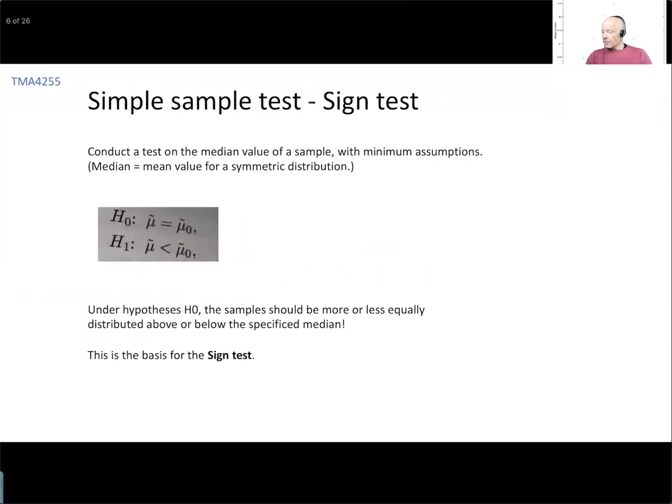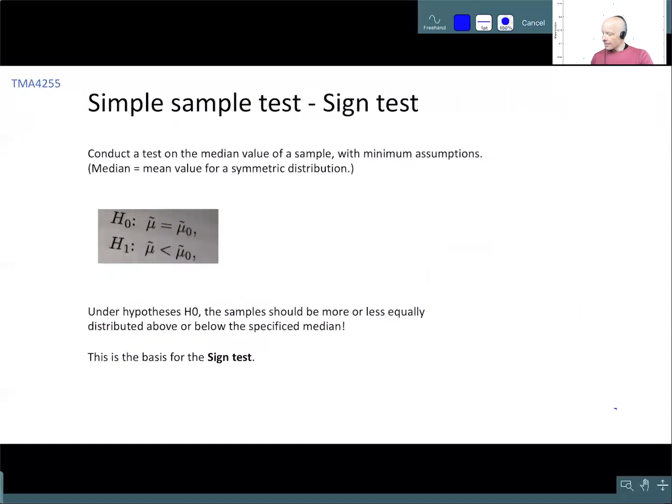The simplest such test, which we will use first to motivate the setting, is the sign test. This sign test is for the median of the distribution, so it doesn't even have to be a symmetric distribution. There are very few assumptions on the distribution.